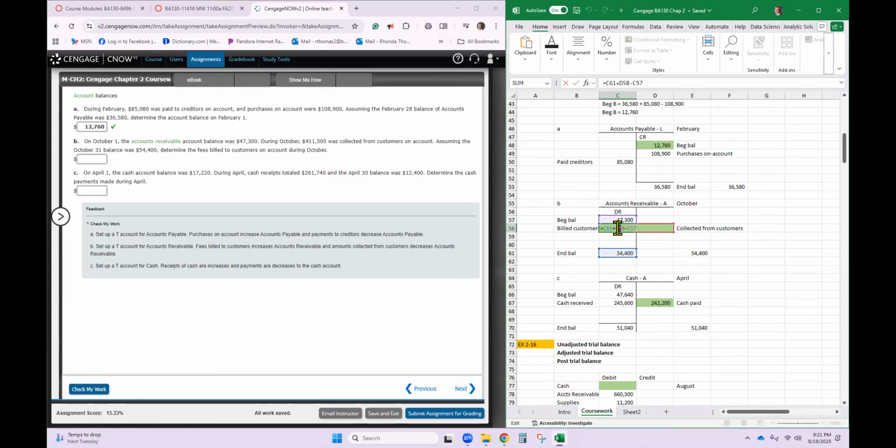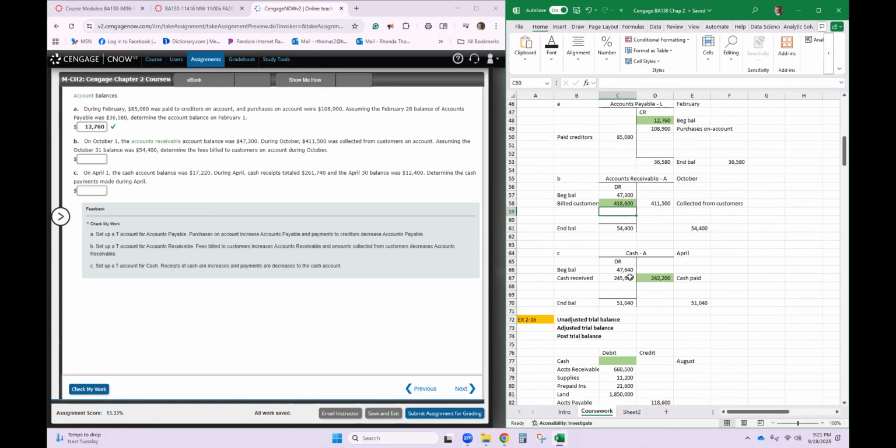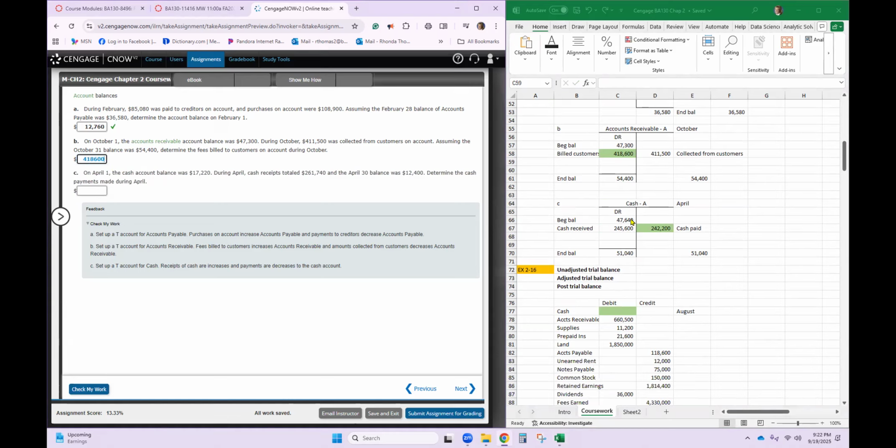So the answer to this is the ending balance plus the amount we collected from customers minus the beginning balance. That is how we found this one, except we would isolate increases up here. So B is 418,600.